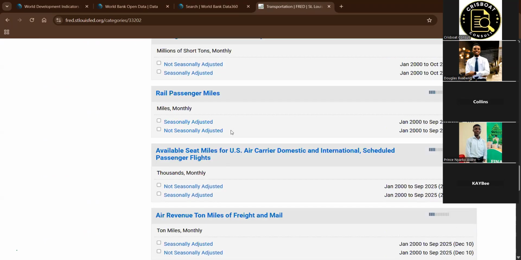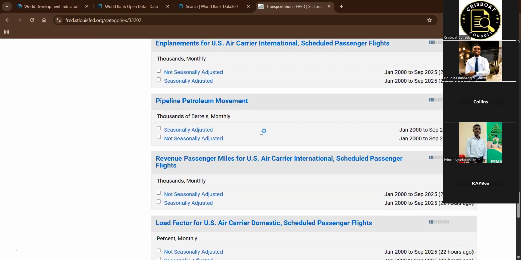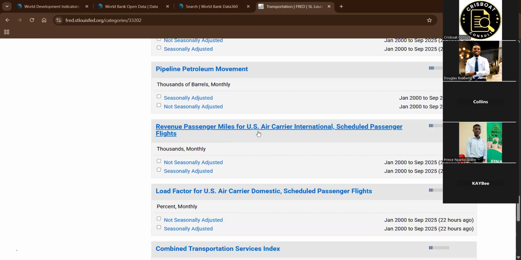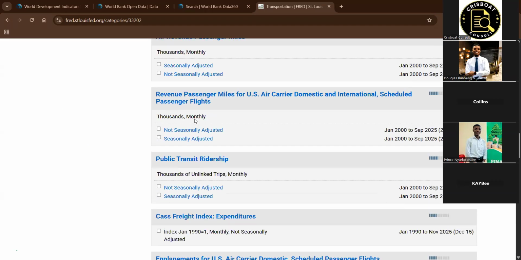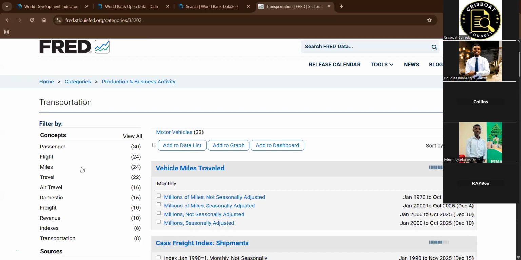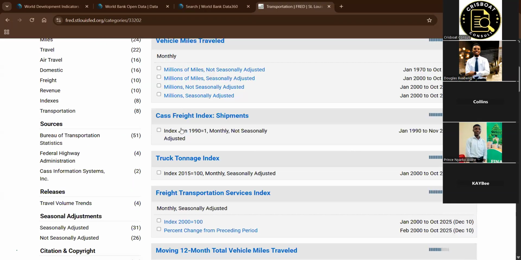These are all databases on transportation, the supply chain, and then the geography people, you can explore freight from here. So air travel, passenger travel, transportation indexes, revenue, domestic air travel, and all others are here.